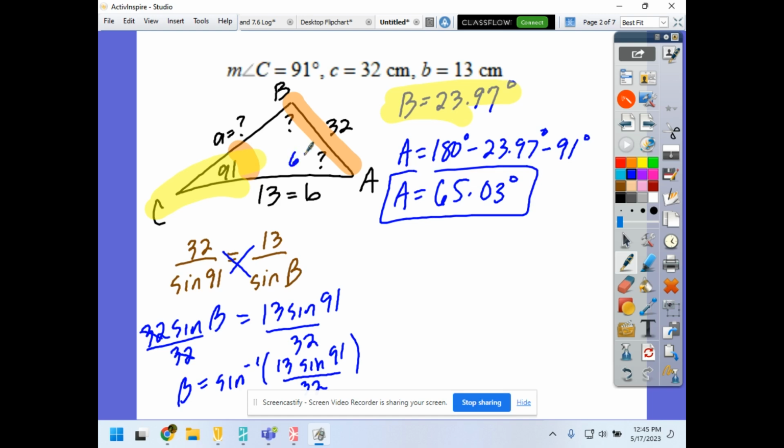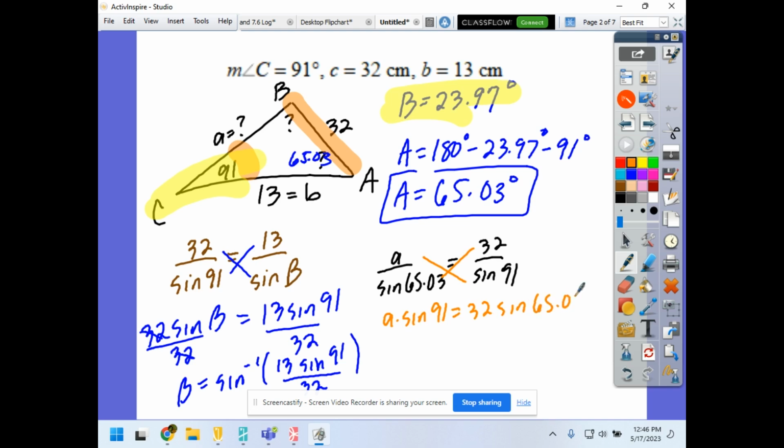This is 65.03. I can now find side a using the law of sines again. So my equation will be a over sine of 65.03 is equal to 32 over sine of 91. I'm going to cross multiply to solve for a. So this will be a sine of 91 equals 32 sine of 65.03.